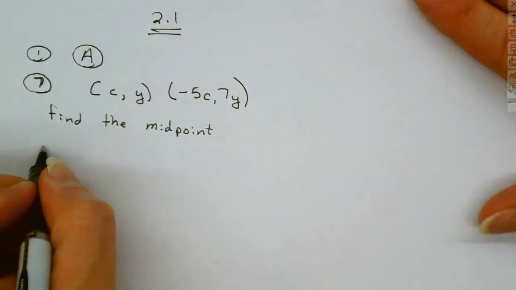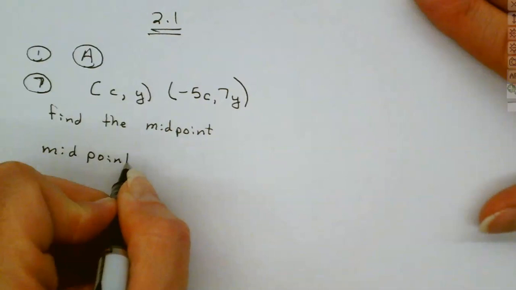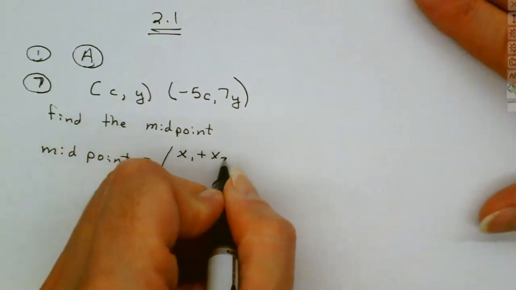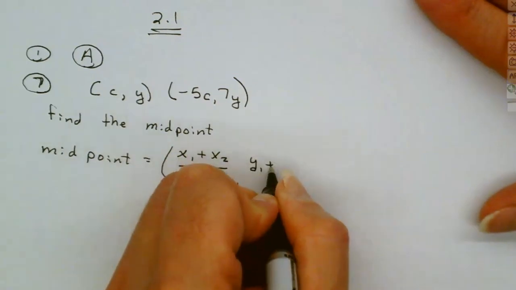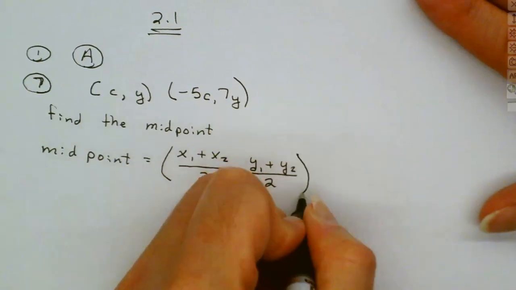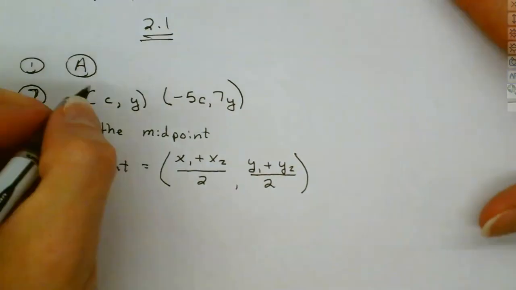Because for our midpoint, our formula is just simply add them together, divide by 2. So we're going to add them together, and we're going to divide by 2.